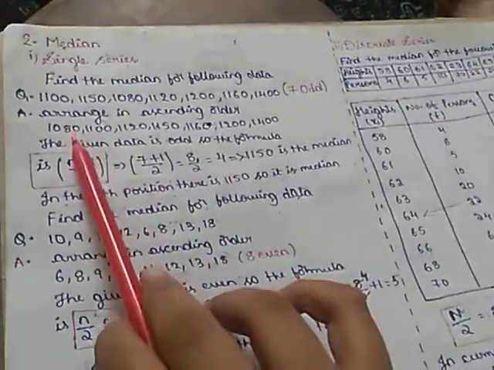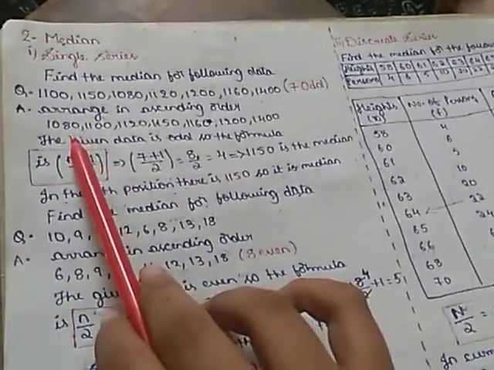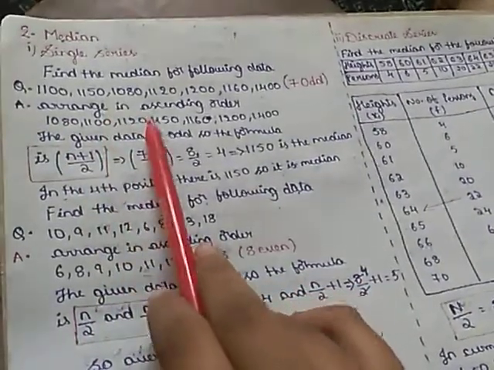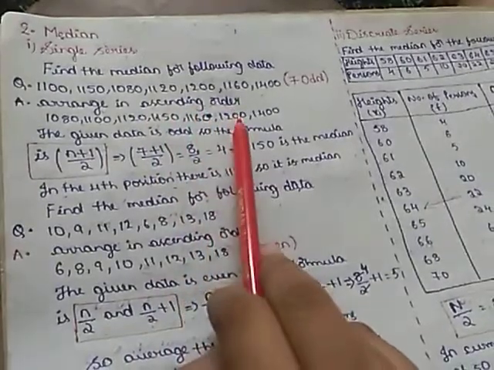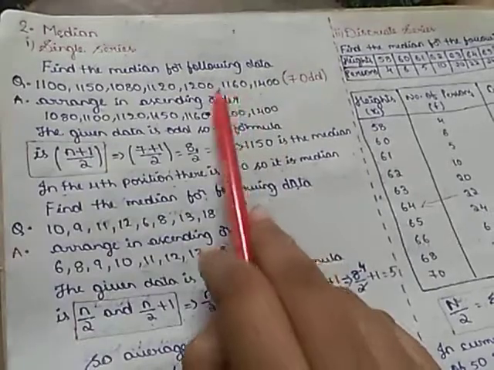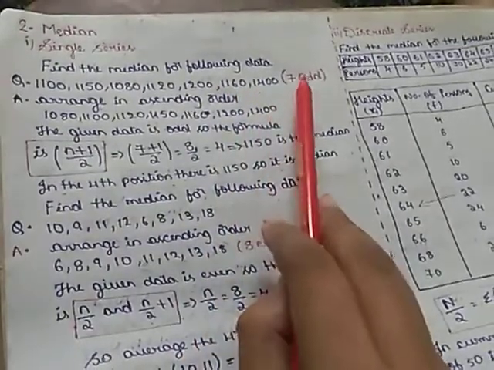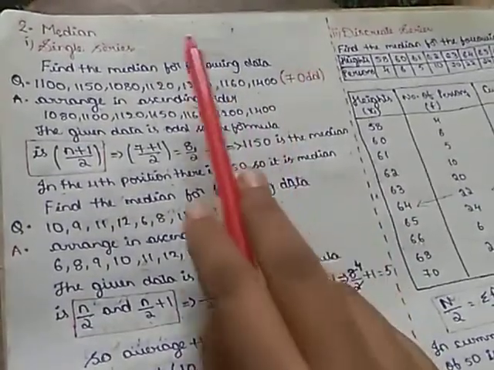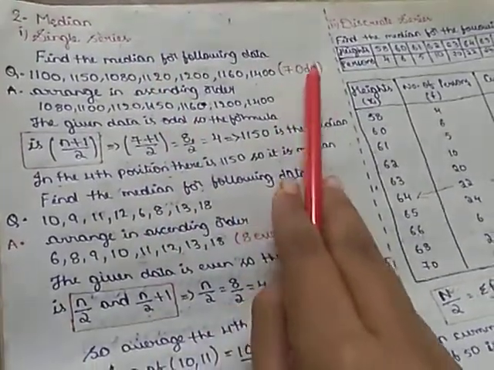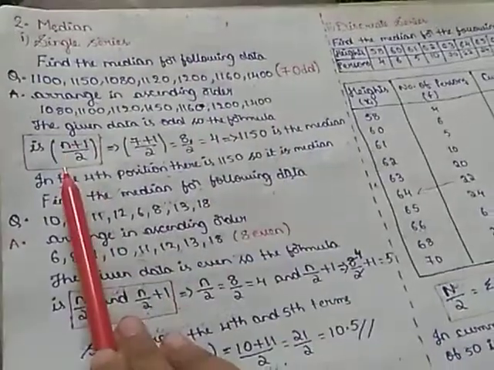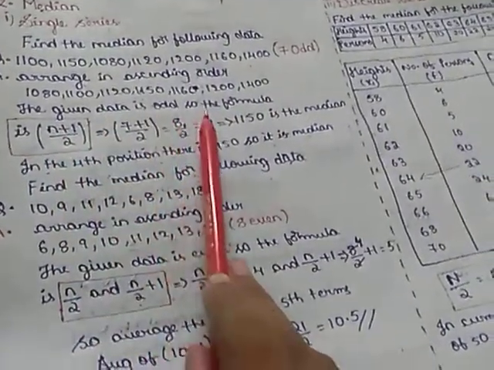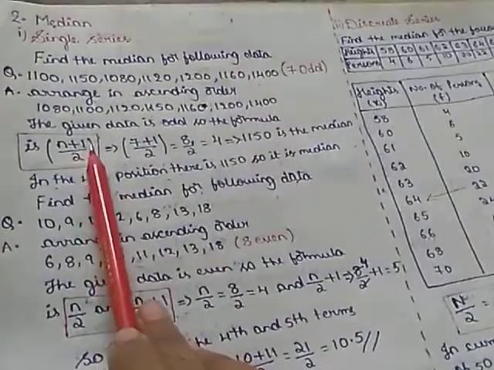And then we have to count how many numbers, how many values, are there. 1, 2, 3, 4, 5, 6, 7. Seven values are given. Seven means odd. So the formula to find the median in single series when the given values are odd is (n plus 1) by 2.